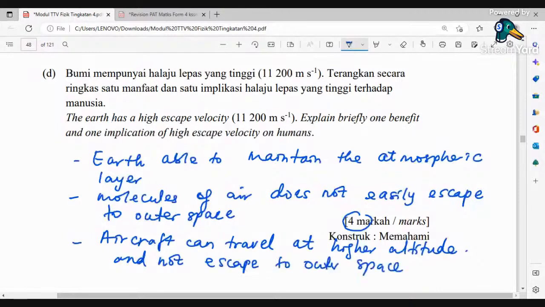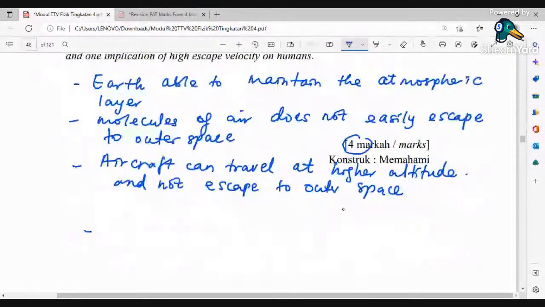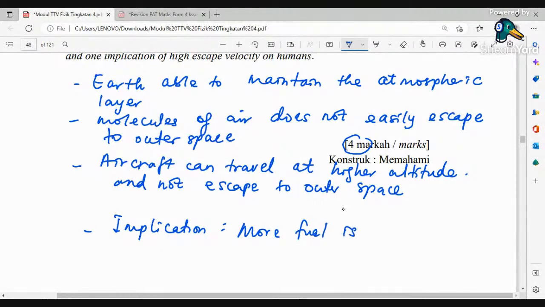Okay, one implication. Okay, so more fuel is required for launching of rocket.